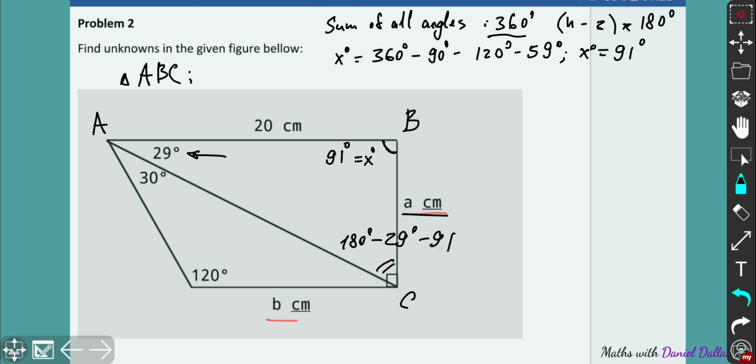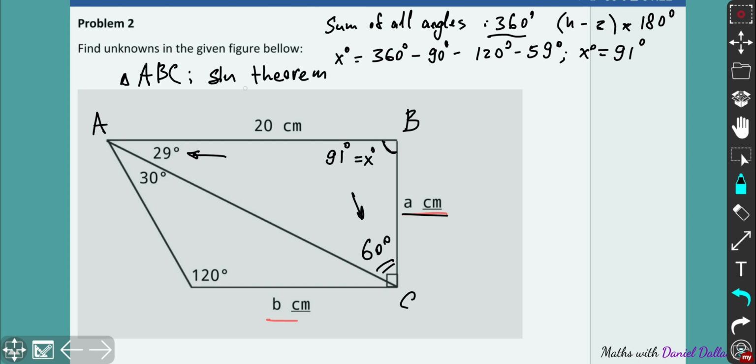If we calculate that, we get 60 degrees. So this small angle is 60 degrees, and 20 is opposite the 60 degrees angle. Now we apply the sine theorem for that triangle.